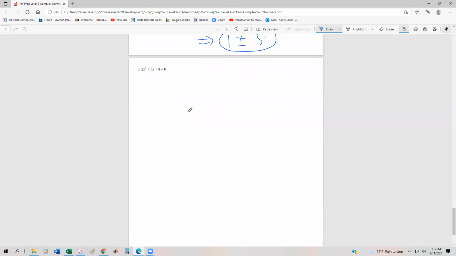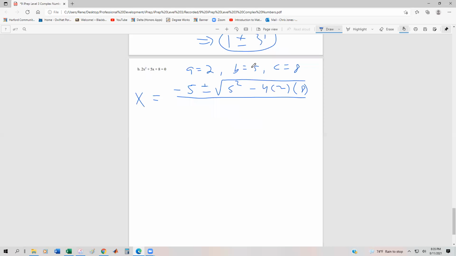A second example, just to make sure we have a couple of these: 2x squared plus 5x plus 8. Now this one we can automatically say a is 2, b is 5, c is 8. And then we can go ahead and shove it into the quadratic formula. x is going to be equal to the opposite of b, which is negative 5, plus or minus the square root of b squared, 5 squared, minus 4 times 2 times 8, and then we're going to divide all of that by 2 times a, which is 2 times 2.